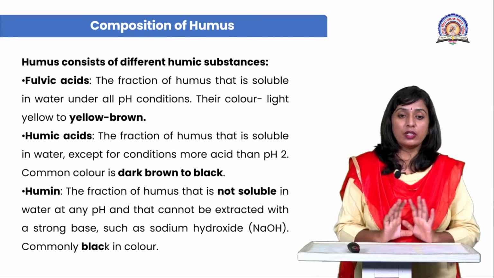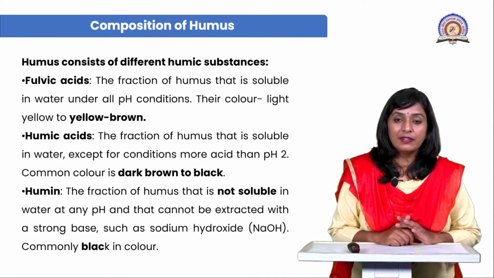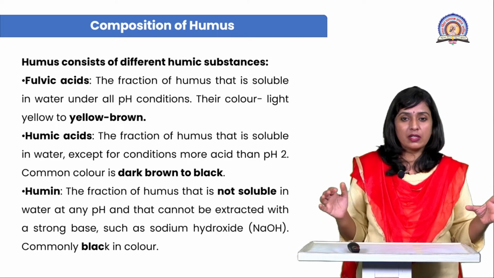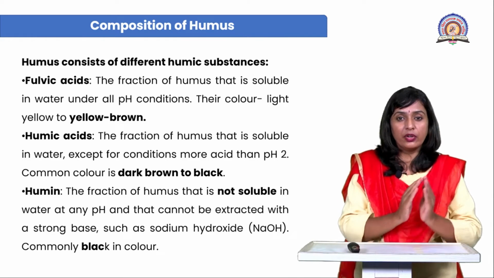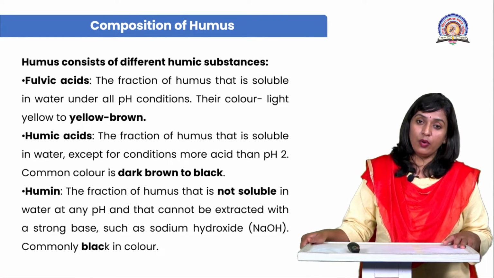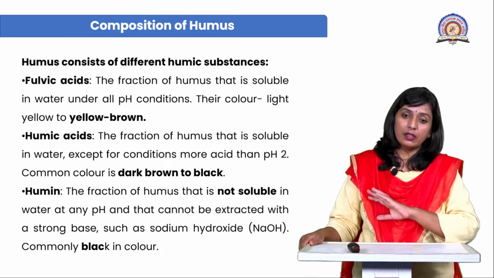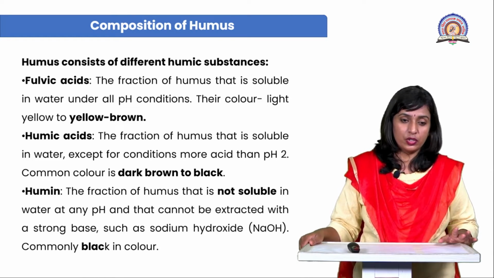So the yellowish, yellowish-brown colored component of the humus is the fulvic acid. It doesn't mean humus comprises only black colored components. No, some part of it is light yellow or yellowish brown in color. So that is fulvic acid, which is soluble in water at all pH conditions.